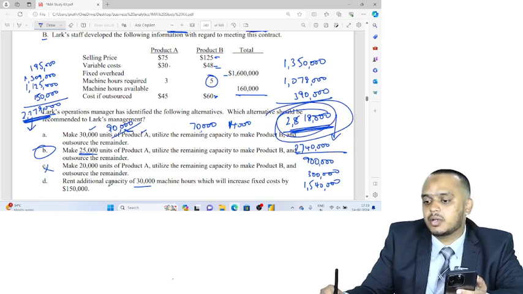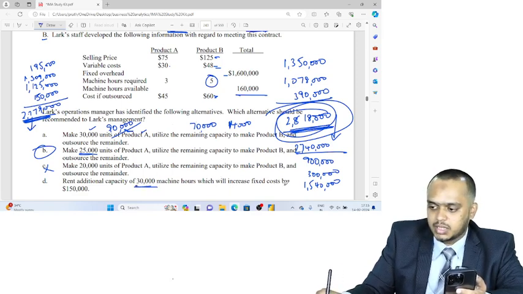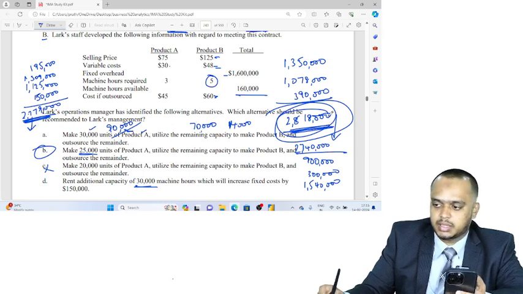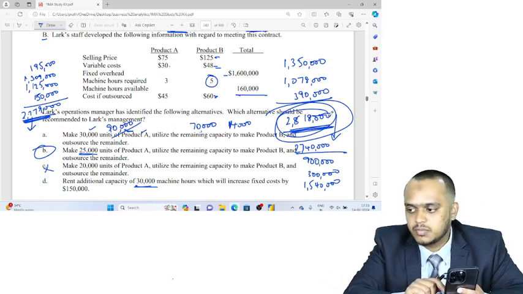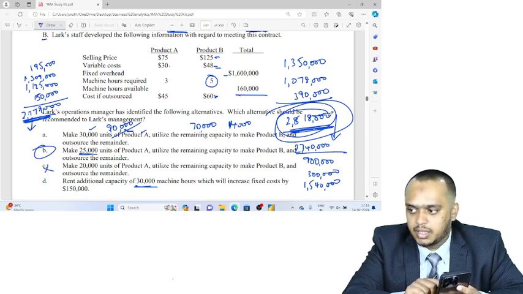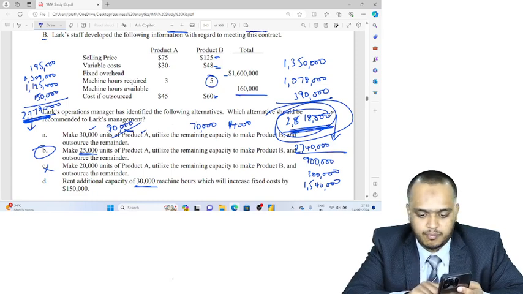But just see option number D also. Rent additional capacity of 30,000 machine hours, which will increase the fixed cost by 150,000. So here your contribution is increasing. Well, let us just take this also into picture. 1,350,000 plus 1,540,000 equals 2,890,000.